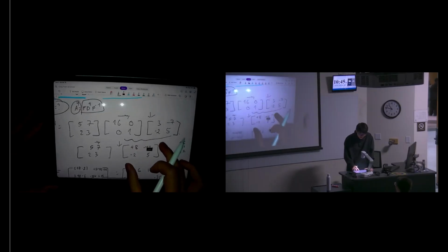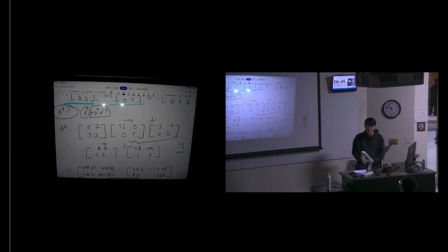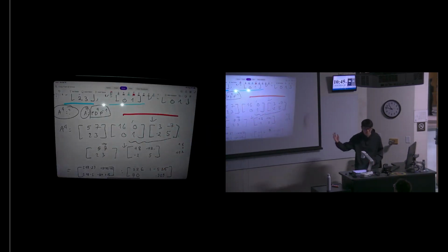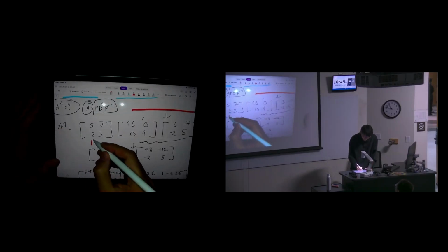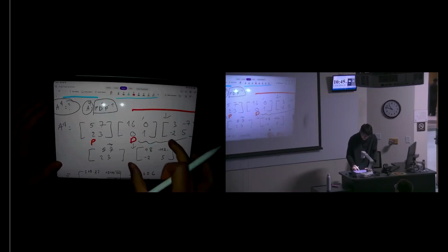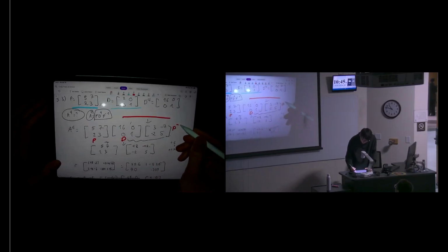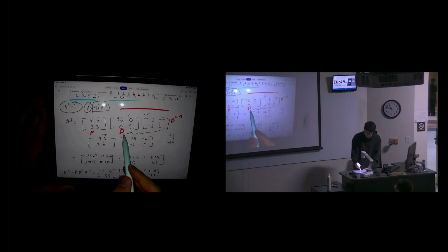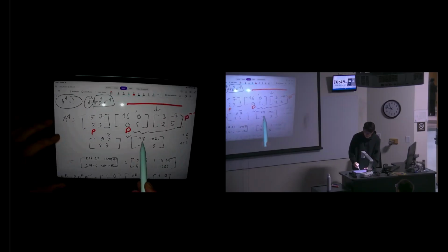What you need to make sure of is to do matrix multiplication correctly. The order is that you always start from the right, going back. This is my P, this is my D, this is my P inverse. I want to compute my D and P inverse first, and then I will multiply by P. It always goes right to left. So just be careful with that.